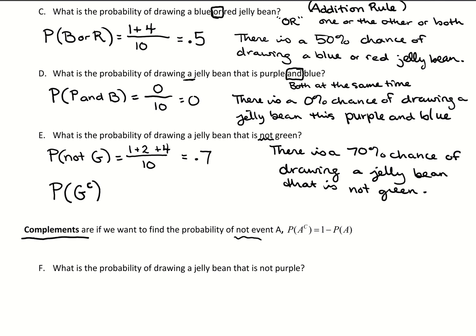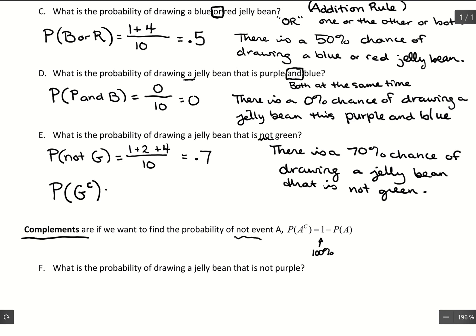And the calculation goes that we take 1 minus the probability of that event. So this 1 is representing 100%. So we're taking our whole sample space, and all we want to remove is the probability of that single event.